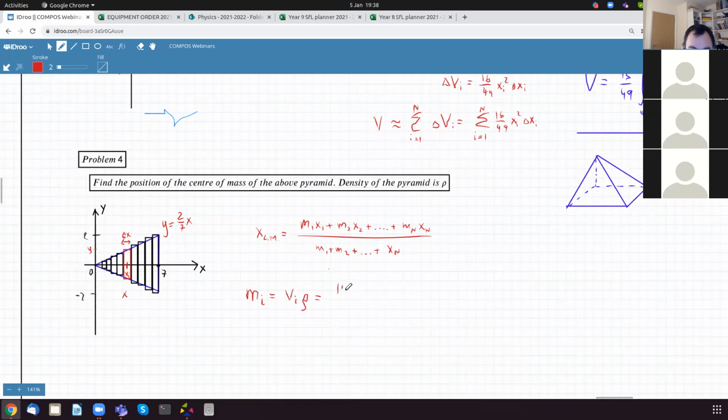So it's 16/49 multiplied by xi squared delta xi, times the density. And mi xi is going to be the same expression, but with 16/49 xi cubed delta xi.